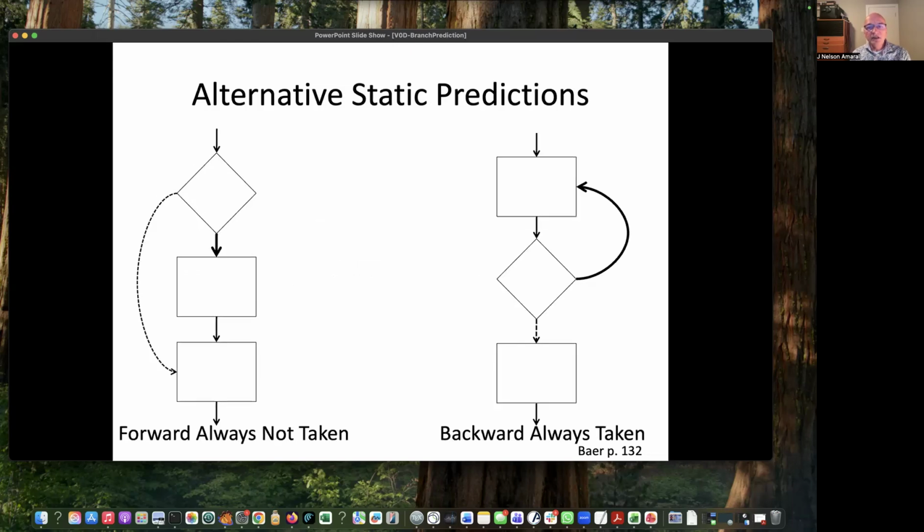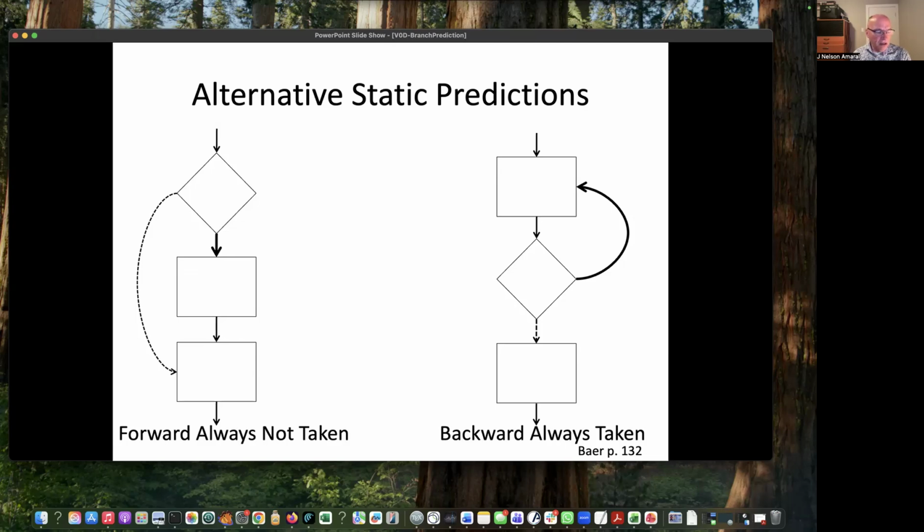So there are alternatives for static predictors. One of the alternatives is to predict that a forward branch, which means a branch that will jump to a later instruction in the program flow, will always be not taken, and that a backward branch, a branch that goes back to an execution that has already been executed, will always be taken.